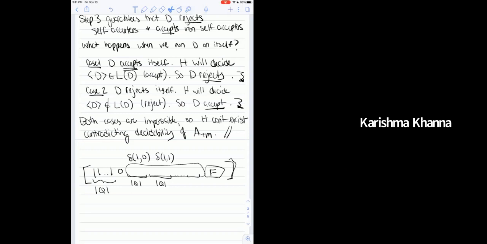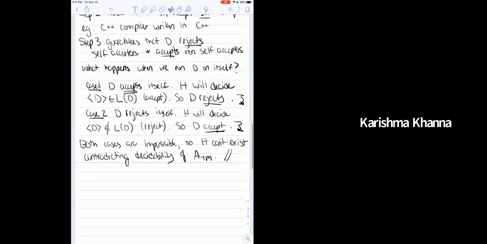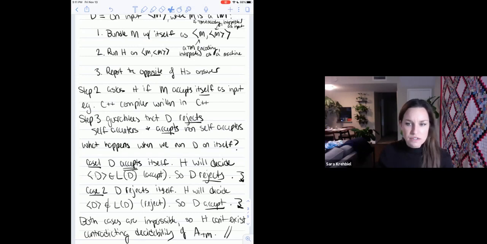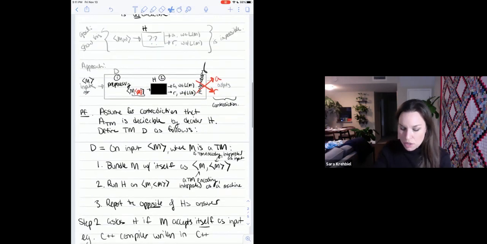Is the reason that we choose to pass in the encoding of the Turing machine as the input so that we can force recursion to create this contradiction? Like, why didn't we just pick any string? Yeah, we pick the encoding on purpose. That's actually super insightful to think of this in terms of recursion. We're not really forcing recursion because we don't know for sure how H works.